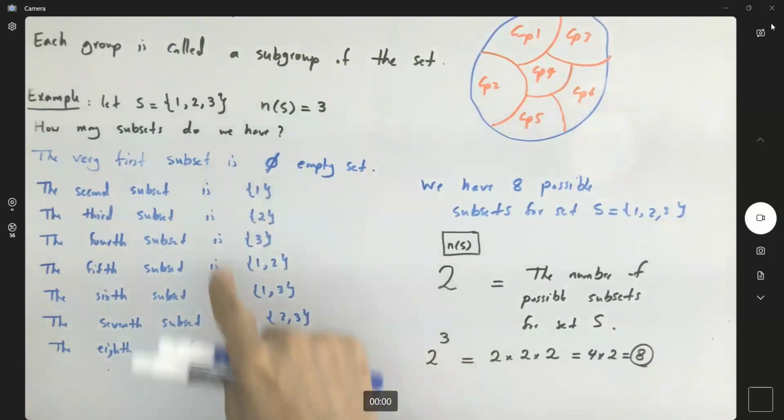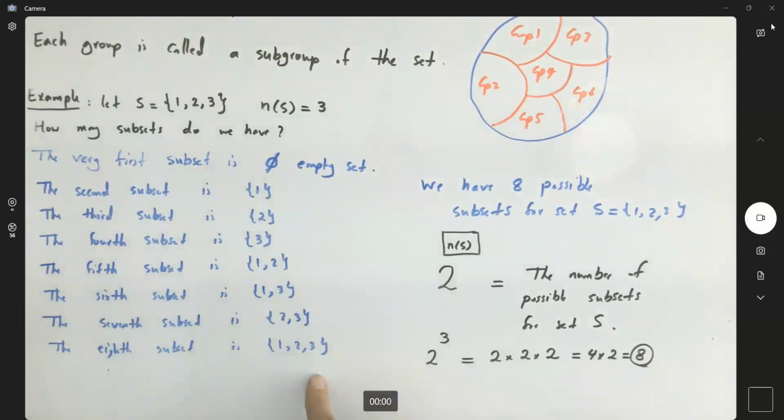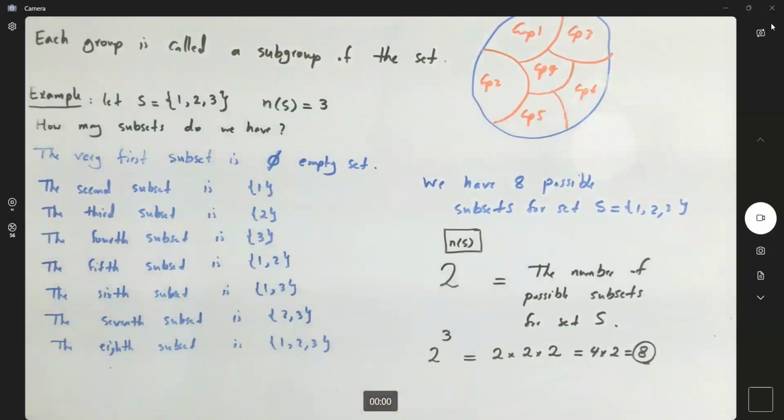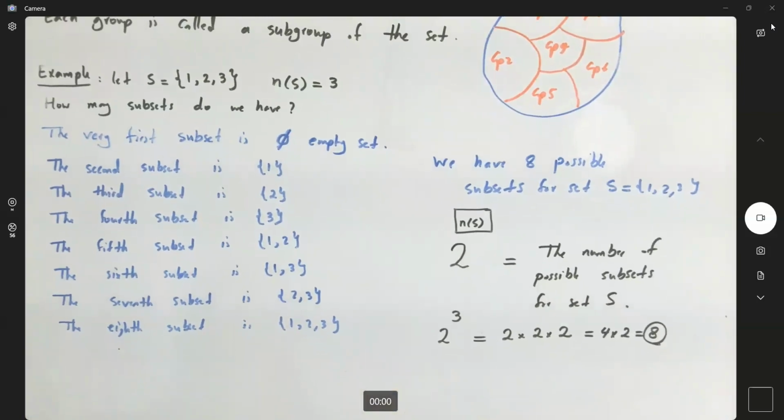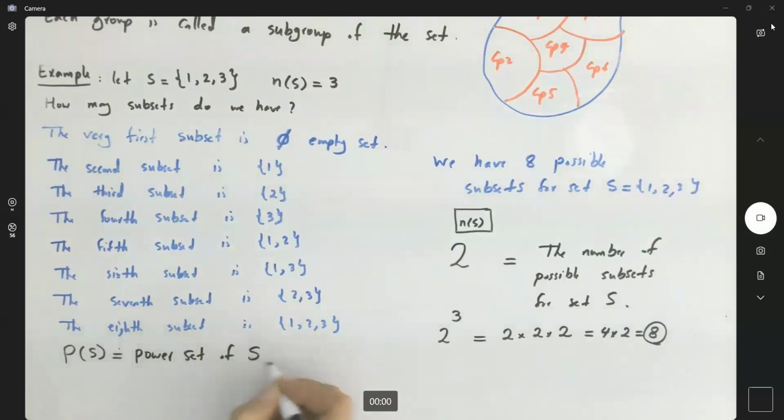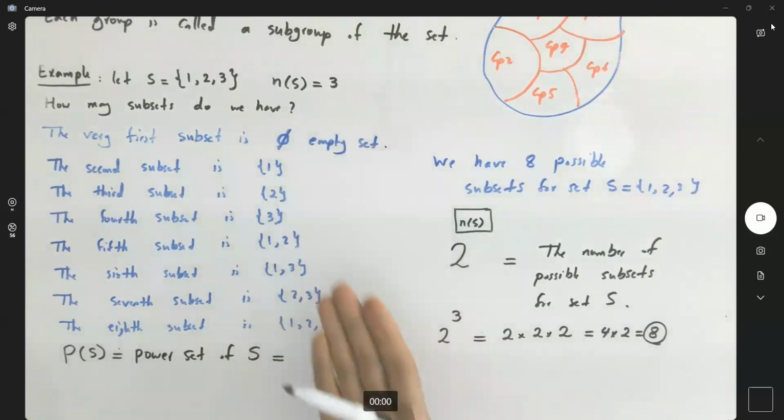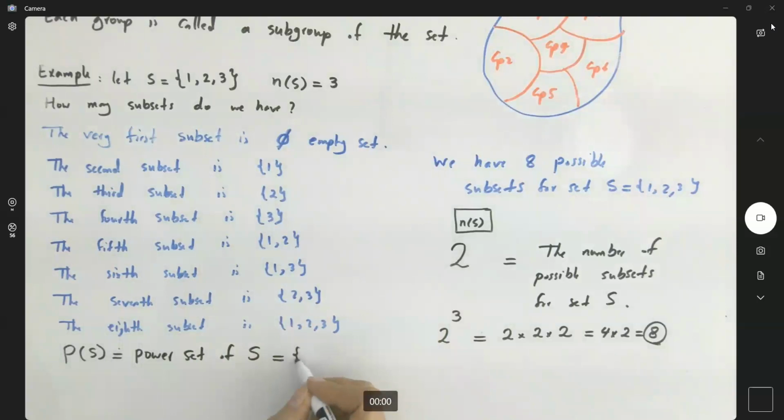If you take all of these together and form a set, we call it the power set of S. The power set of S is denoted by P of S. What are you going to do? You're going to take all of these subsets and write them in a set.